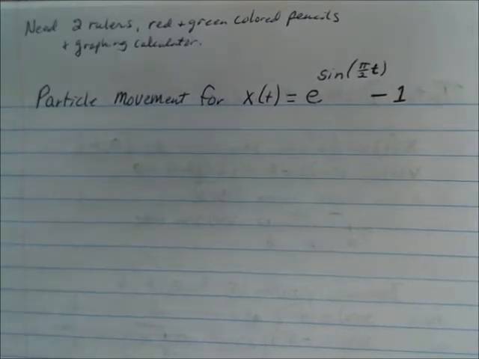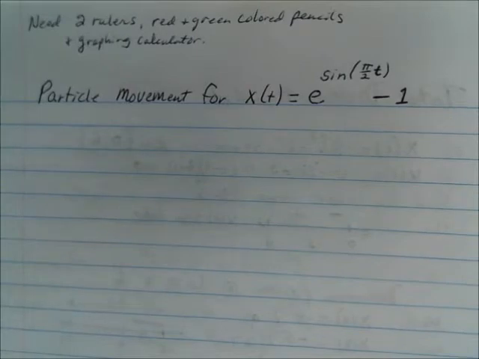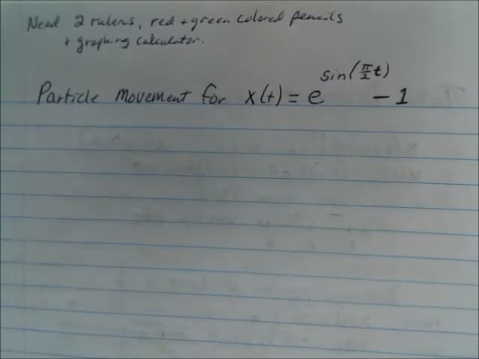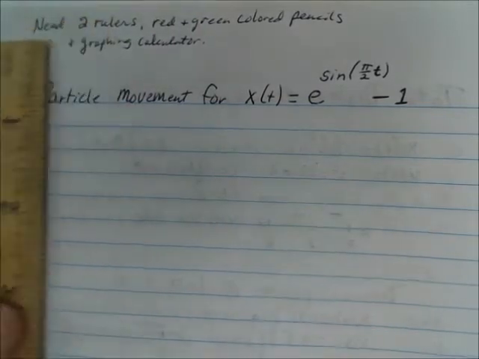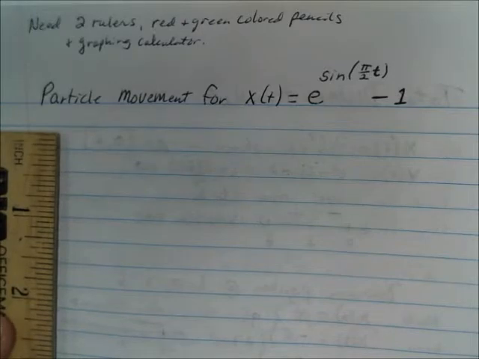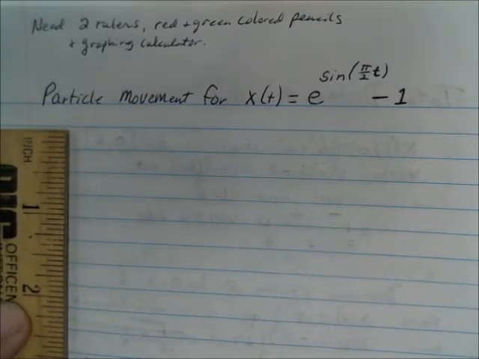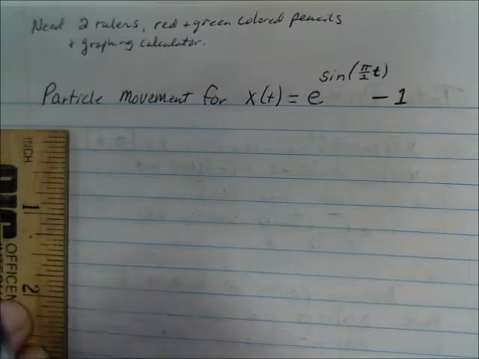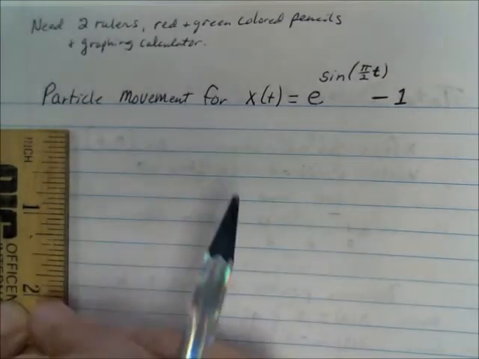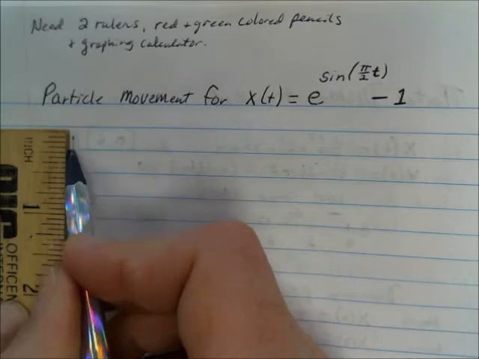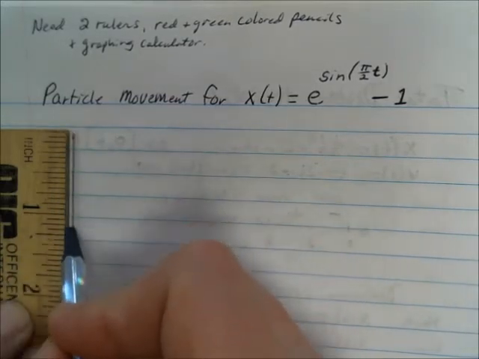So now that you've gathered all of the materials that you need, hopefully you did, what I'm going to have you do is draw some XY axes down here. Over on the left-hand side of your paper, just take your pencil and draw, and don't move your ruler for all three of these.